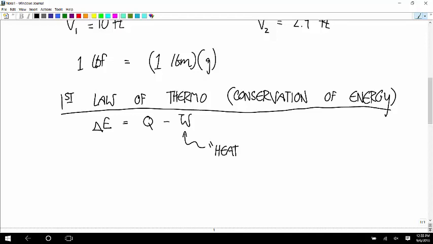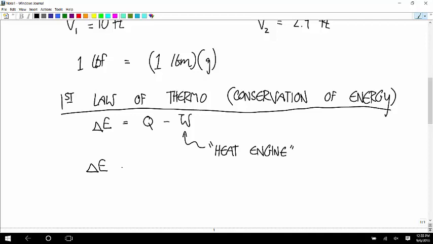The way you remember that is that this sign convention is related to what you do in a heat engine. You add heat to your system, the gas, and the result of heating up the gas is the gas doing work on the surroundings. You can expand this.